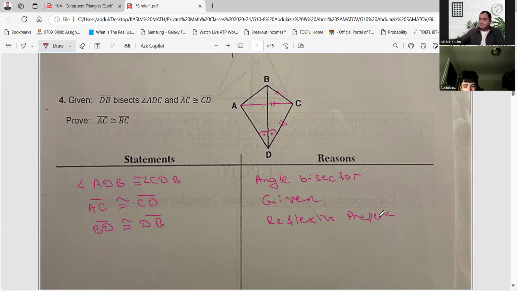Okay, just a second. DB bisects, this is given. It's a bisector, given. Reflexive property. And angle.